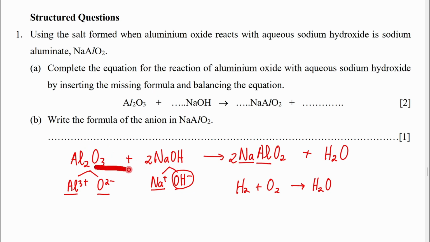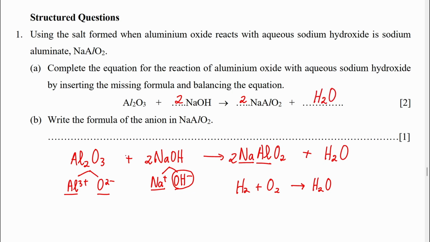So at the left side we have 5 oxygen. And at the right side, how many oxygen we have? 2 times 2, 4, and then plus 1, 5. Right? So 5 oxygen at both left and right side. Now, 2 Na, 2 Na, and then 2 hydrogen and H2 in here. So the balanced equation here is, you put 2 in front, and the side product here is H2O.